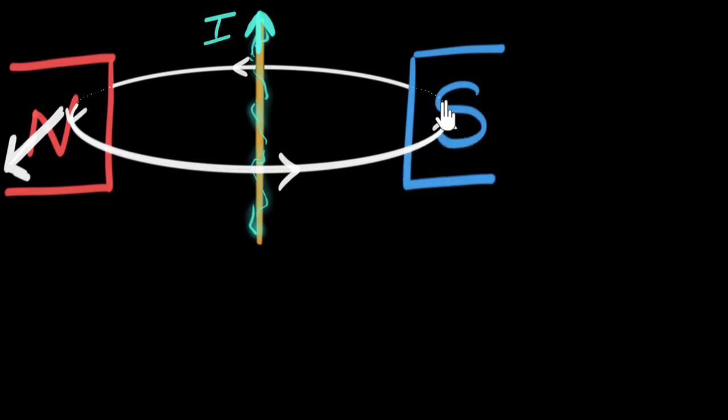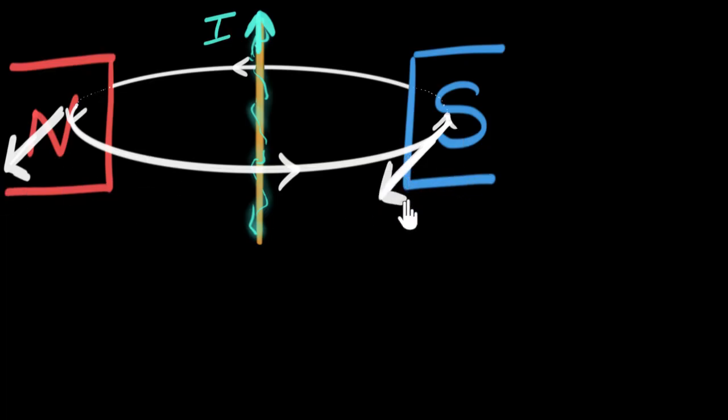So since the arrow mark is pointing into the screen, this means a north pole over here would experience a force into the screen. But we have kept a south pole. South pole does the exact opposite thing of north pole, right? And so if the north pole experiences a force into the screen, the south pole would experience a force out of the screen.